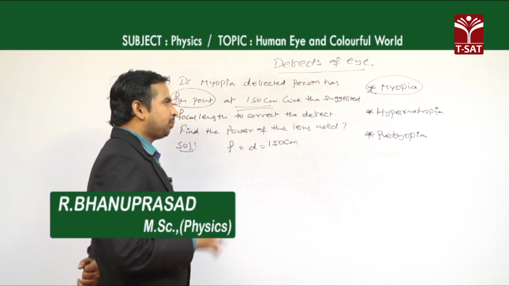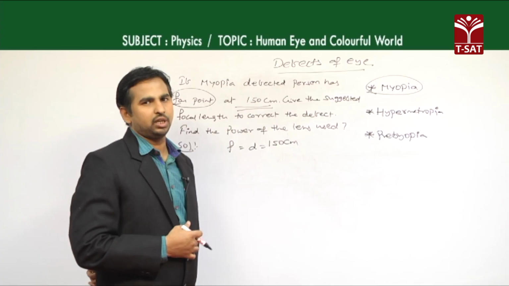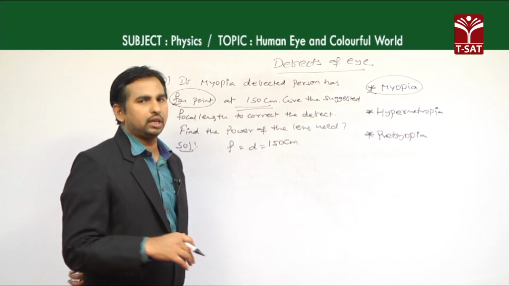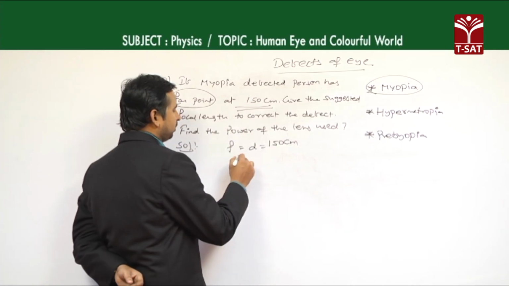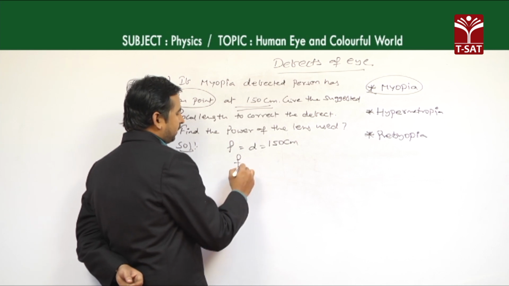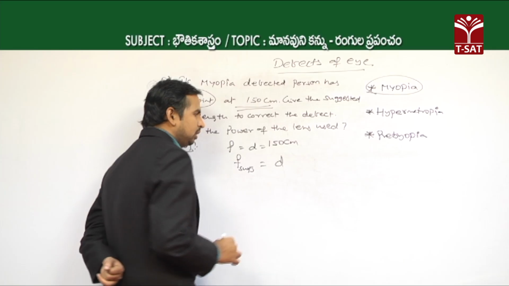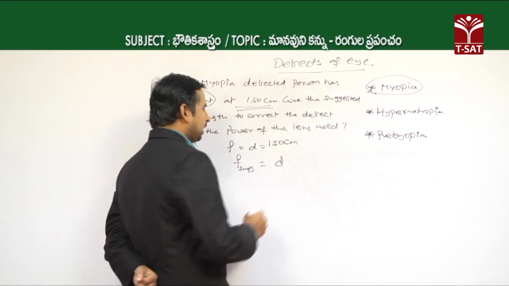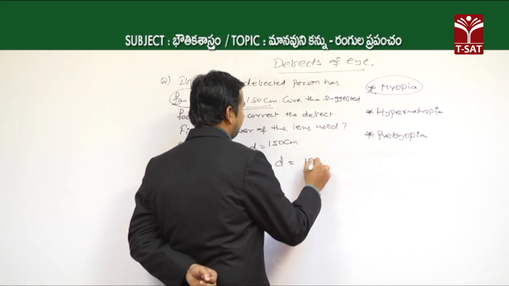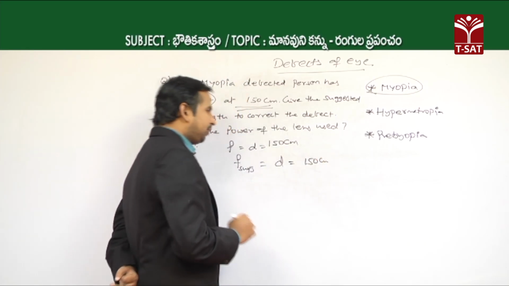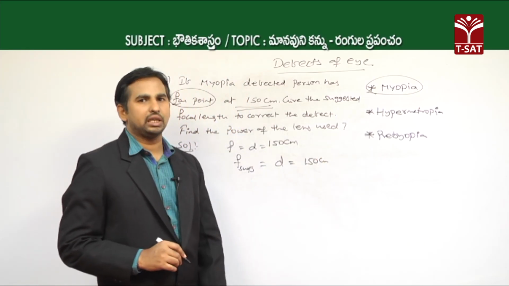We know that when the person is affected with myopia, the suggested focal length is also equal to our far point distance. So, the suggested focal length is equal to the far point distance d, and that distance is given as 150 centimeters. But we know that we have to use a concave lens here.